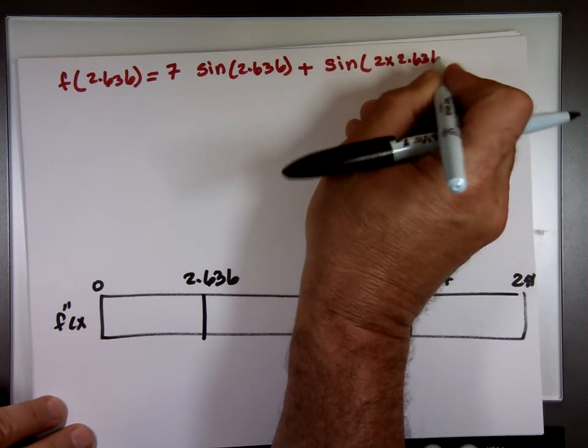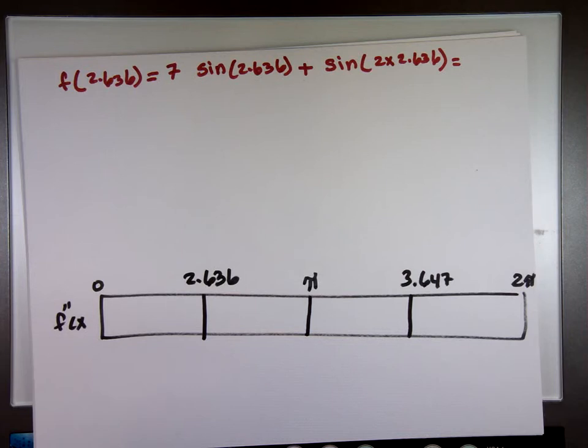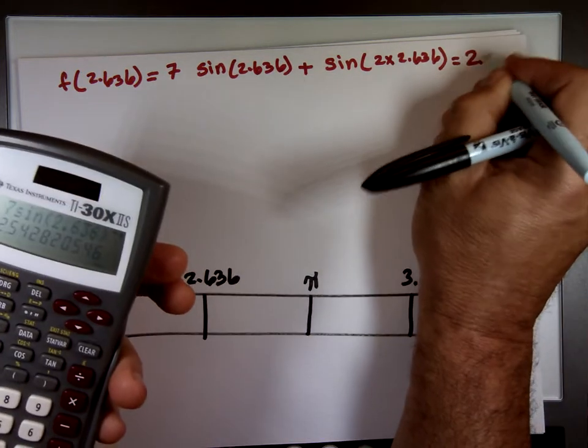You can type the whole thing on your calculator in one shot, and that will give you a number: 2.543.